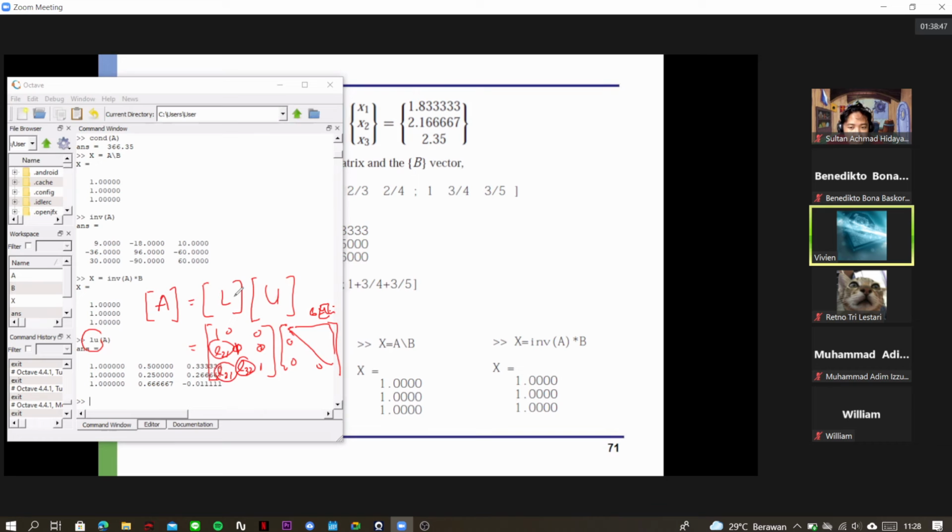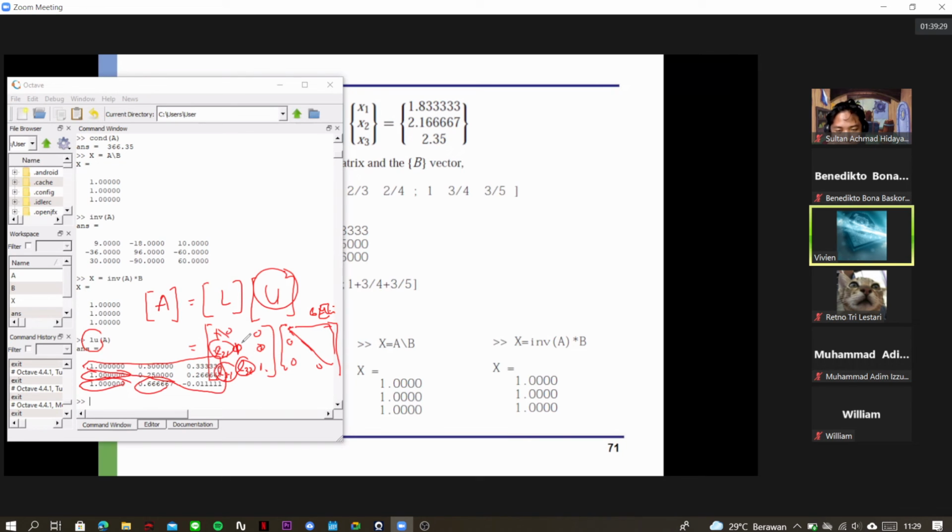So how to store that? The U matrix here is stored here, and the L here is filling only 3 elements, so it will be here. The value 1 on the diagonal is not stored, because we know that in the lower triangular matrix of LU decomposition the diagonal element will be 1, so we don't store it. So the upper triangular part is the upper matrix, and the lower elements are the lower triangular matrix, which is added with 1 in the diagonal.